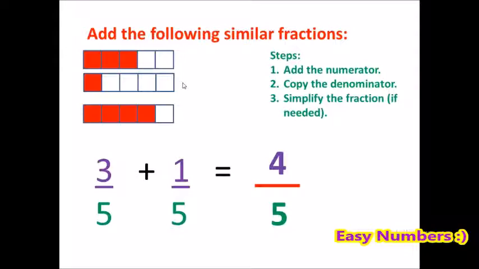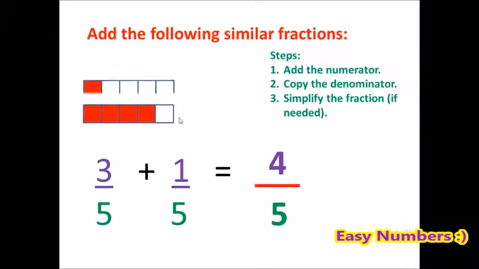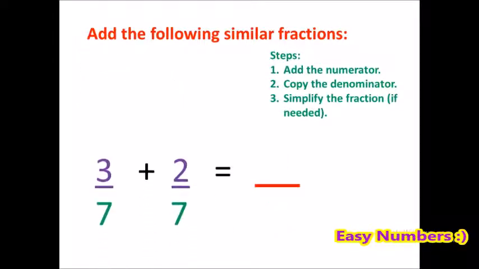And if we combine these two rectangles, 4 parts will be shaded, so this will become 4/5. Another example is 3/7 plus 2/7. Again, we're going to add the numerator, which is 3 plus 2 equals 5, and copy 7.